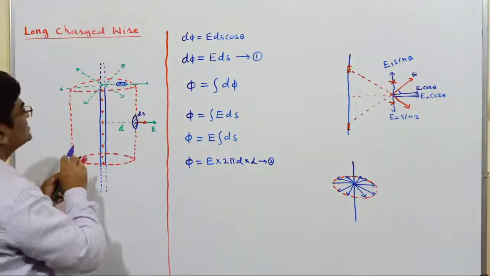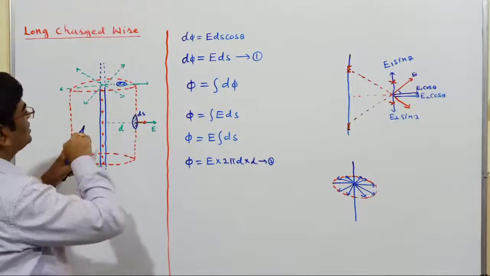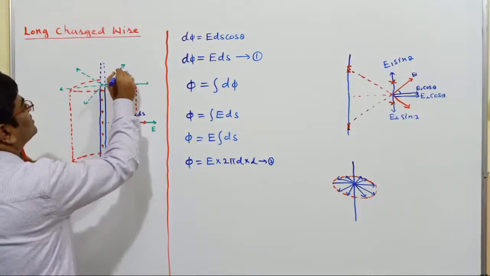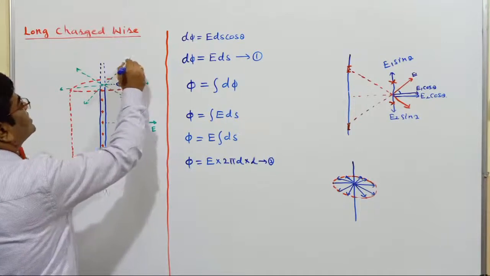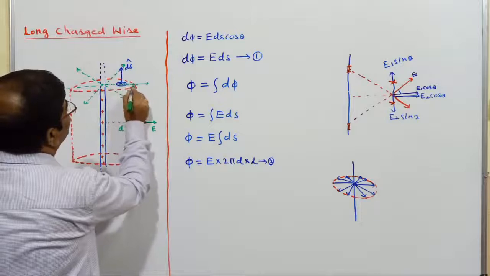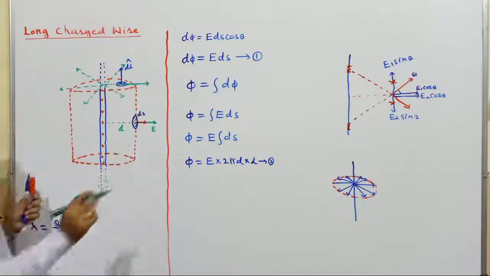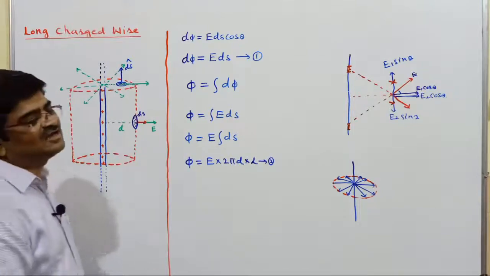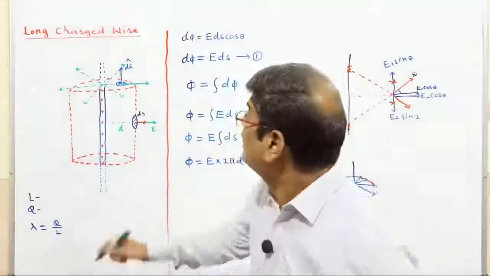Direction of this ds, I can show as the area vector. This is the area vector ds cap. Whereas this has the electric intensity which I have already shown. Children, you can see very clearly there, what do you see?